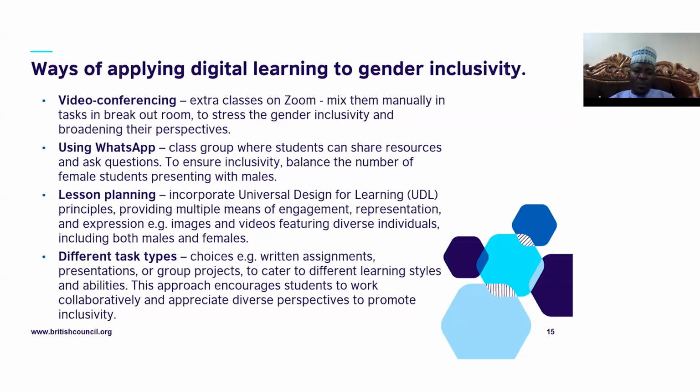So in these WhatsApp sessions, I make sure that I share resources and ask them questions to ensure inclusivity. When I'm asking those questions, I ask deliberate questions and I tag whoever I want to answer. And I make sure that I ask girls and I also ask boys in those WhatsApp lessons.